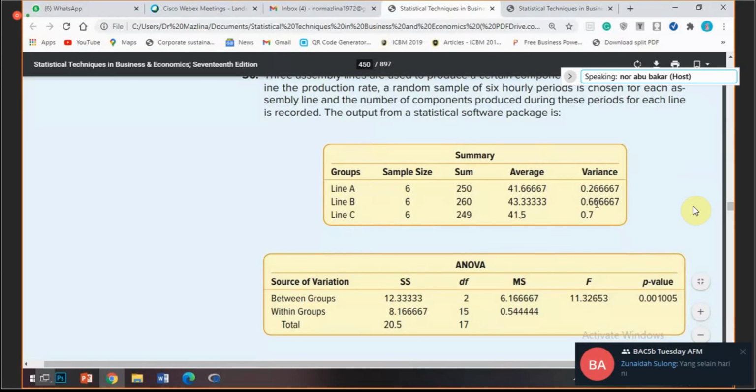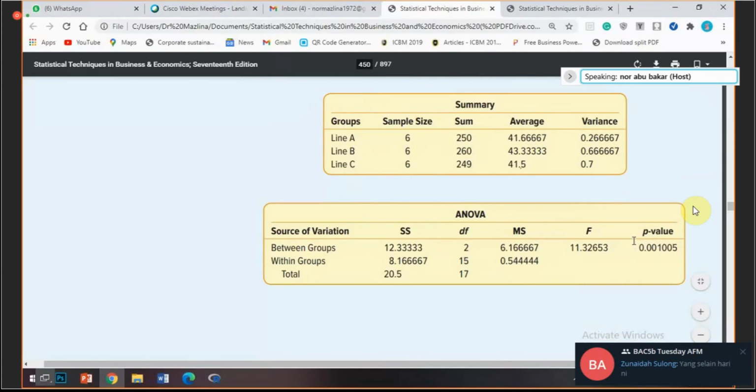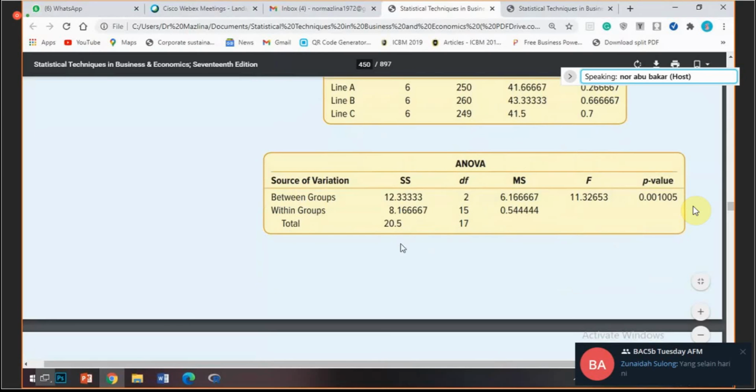Jadi 0.2, 0.9. Variasi dia agak berbeza sedikit lah. Tapi kita nak tengok sama ada, kalau tengok average ni lebih kurang je kan. So you have to decide on whether the difference is significant or not. So you perform ANOVA and then terus saja tengok dekat P value. Nampak tak ni P value ni?